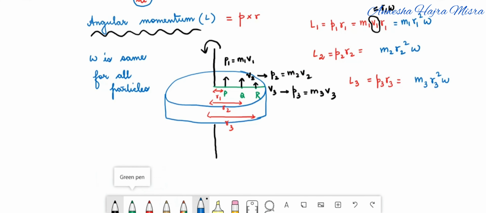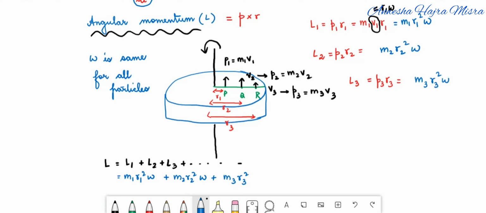So my total angular momentum is L1 plus L2 plus L3 plus so on. So this is M1 R1 square omega plus M2 R2 square omega plus M3 R3 square omega plus and so on.